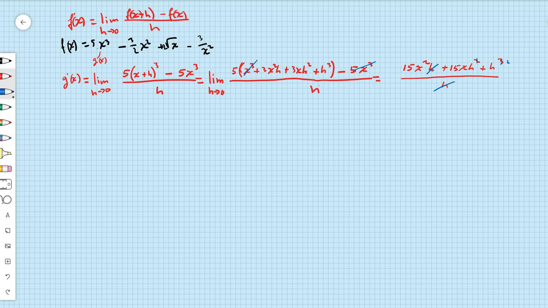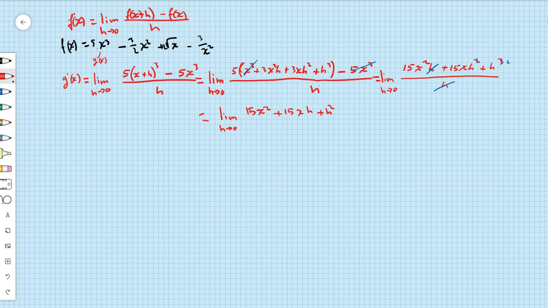So we are left with, sorry, don't forget to write the limit, h tends to 0. We'll be left with 15, limit when h tends to 0 of 15x squared plus 15x h plus h squared.